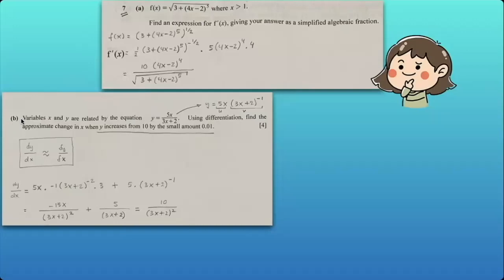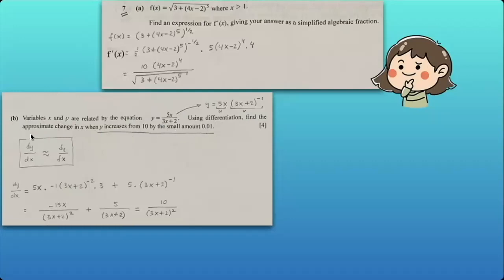Part B, variables x and y are related by this equation. Using differentiation, find the approximate change in x when y increases from 10 by the small amount 0.01.